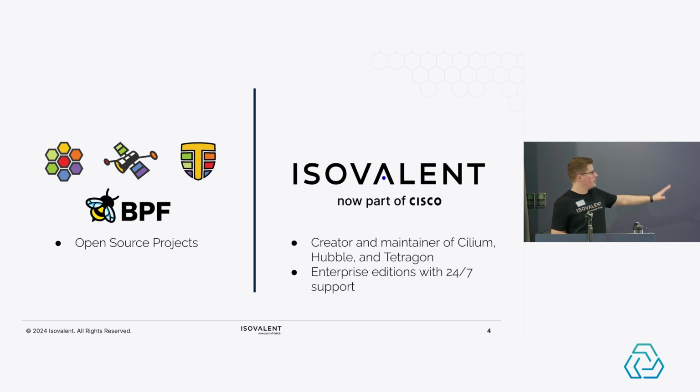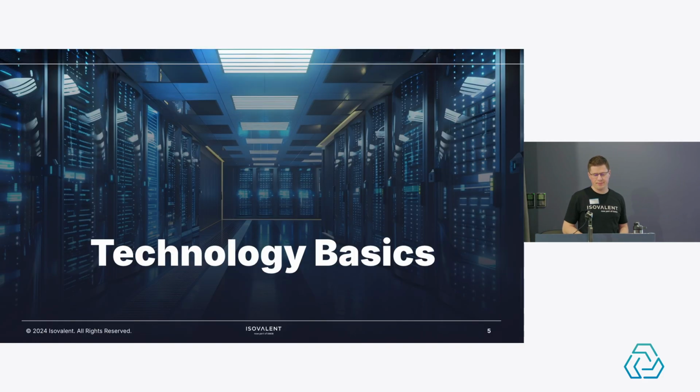So on the left-hand side, those are all open source projects. We are the creator and the core maintainer of them. And we also have enterprise editions for Cilium, which also includes Hubble and Tetragon, with, for example, 24/7 support.